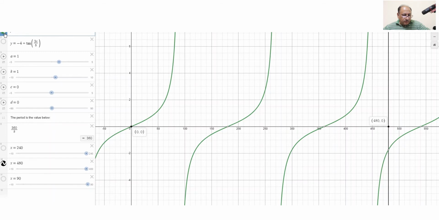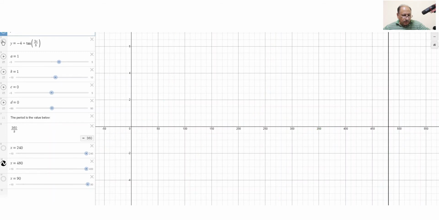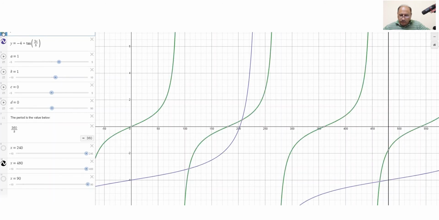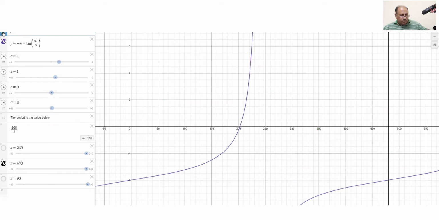Now if we draw the transformed graph, that will be over here. So this is the normal one, the green one, and it will be transforming from here to this one. If you check this curve, it has an asymptote over here.